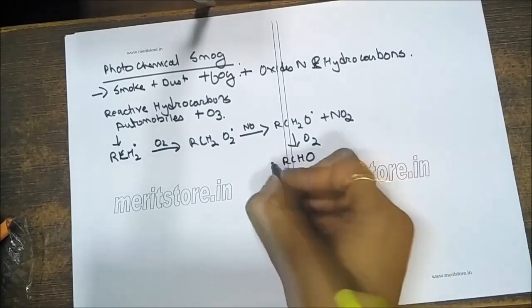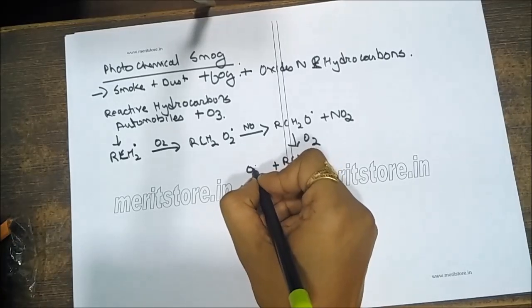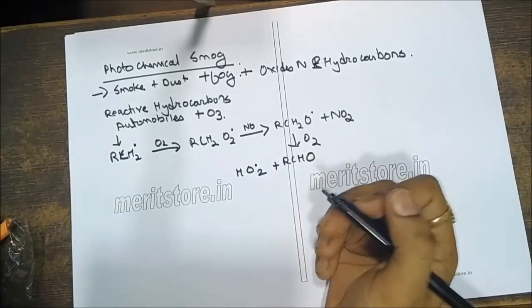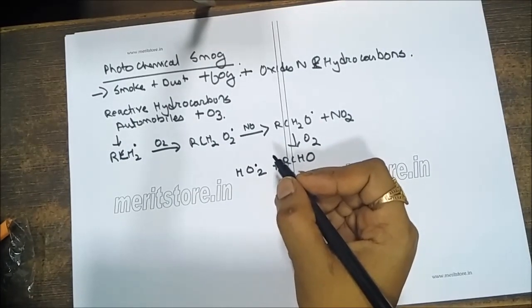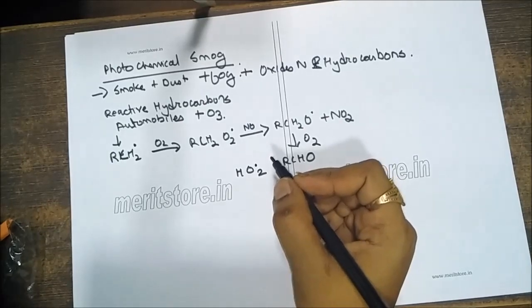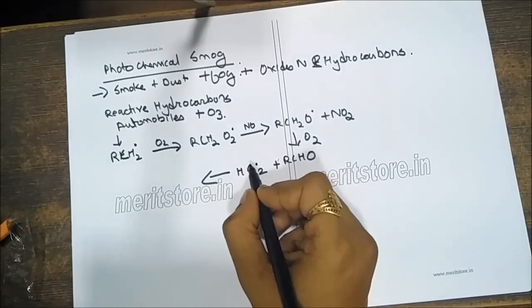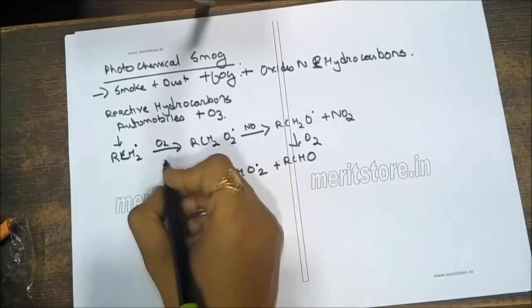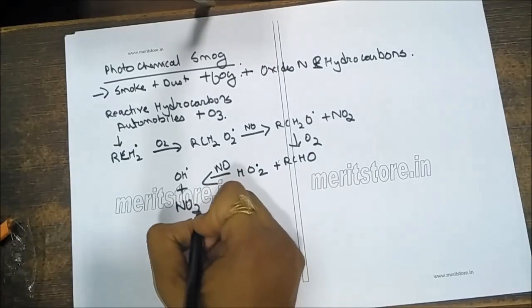The hydroperoxyl radical reacts with nitric oxide to give NO2 and generating a hydroxyl radical. So this will react with NO to form a hydroxyl radical and again NO2.